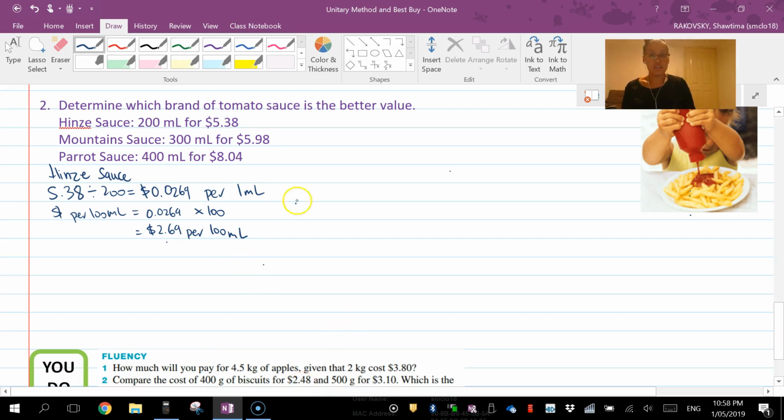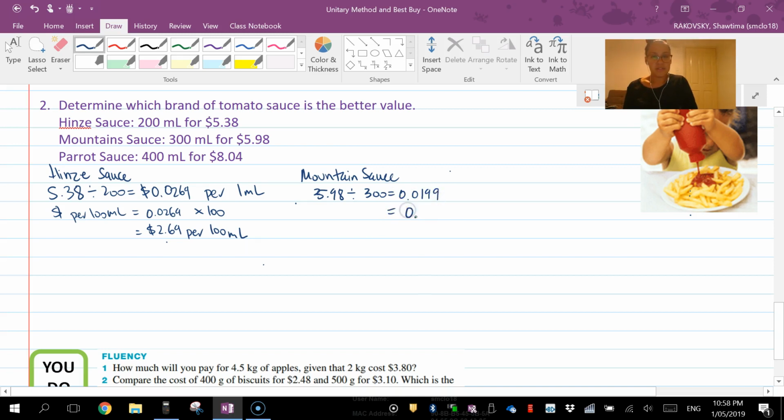I'm going to do mountain sauce equals, I've got the right one, sorry. 598 divided by 300, which is going to give us something. I haven't got that off the top of my head. So it's going to give us 0.0199.